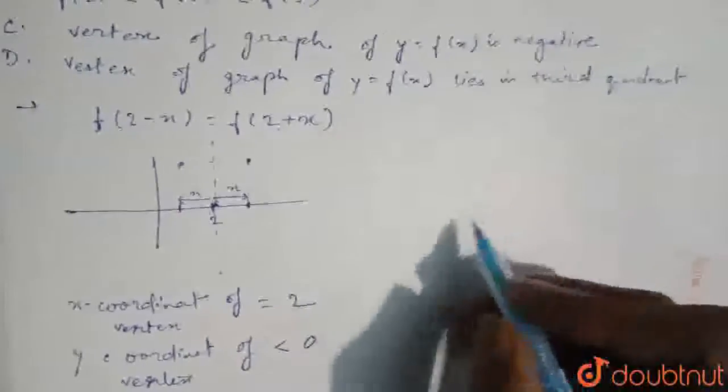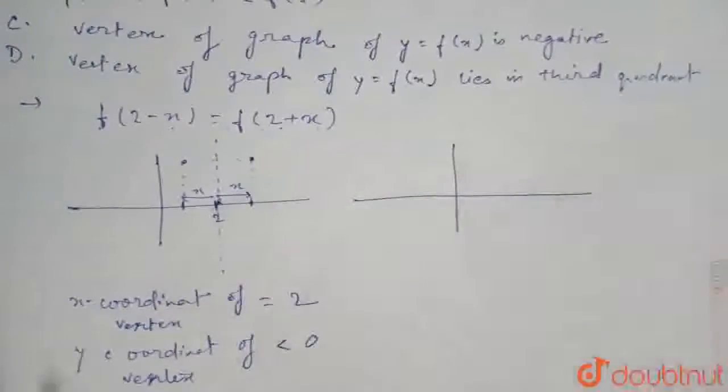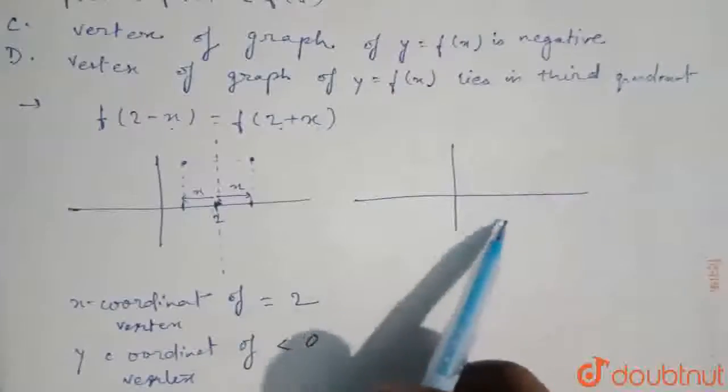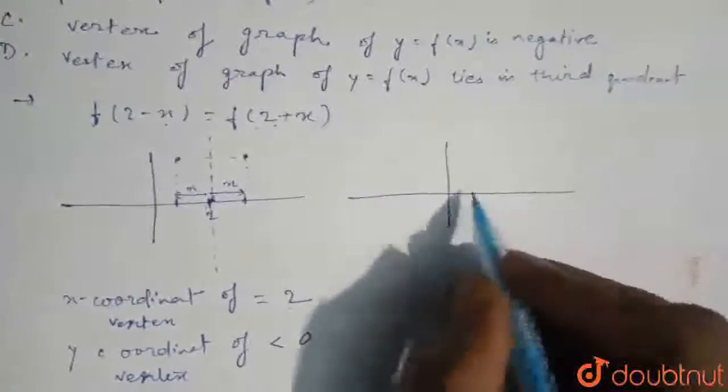So you can see that the graph will be something like that. And it is also given in the question that the function has distinct roots, so it will cut somewhere over here, and hence the vertex will lie below the x-axis. So the graph will be something like this.